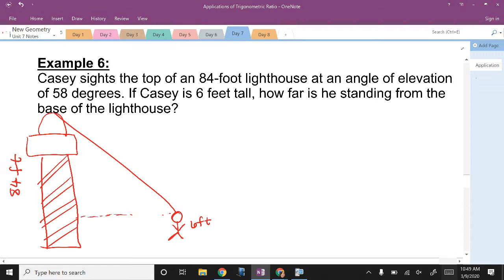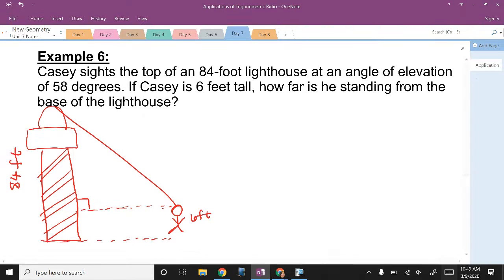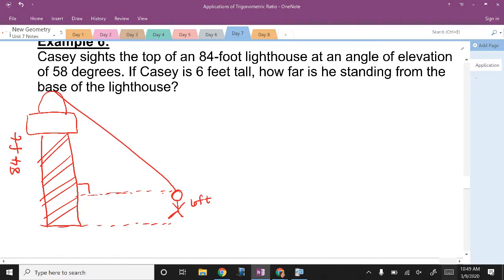And he's standing on the ground, which is a horizontal line. So this is my right angle down here. How far is he standing from the base of the lighthouse? So we're looking at this length down there. Y'all see that?